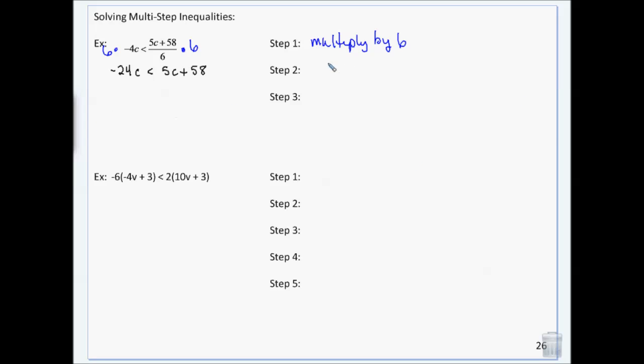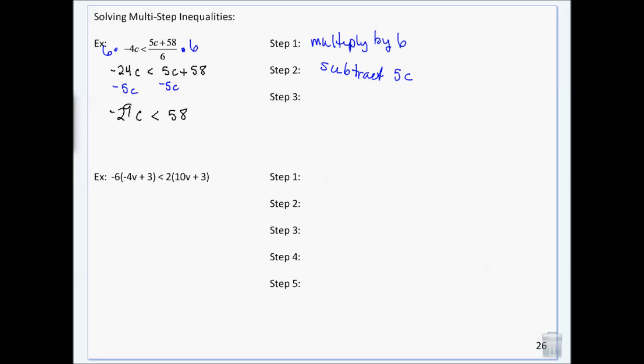Then I'm going to subtract 5c to get it onto the same side as the -24c. And that is going to give me -29c is less than 58.